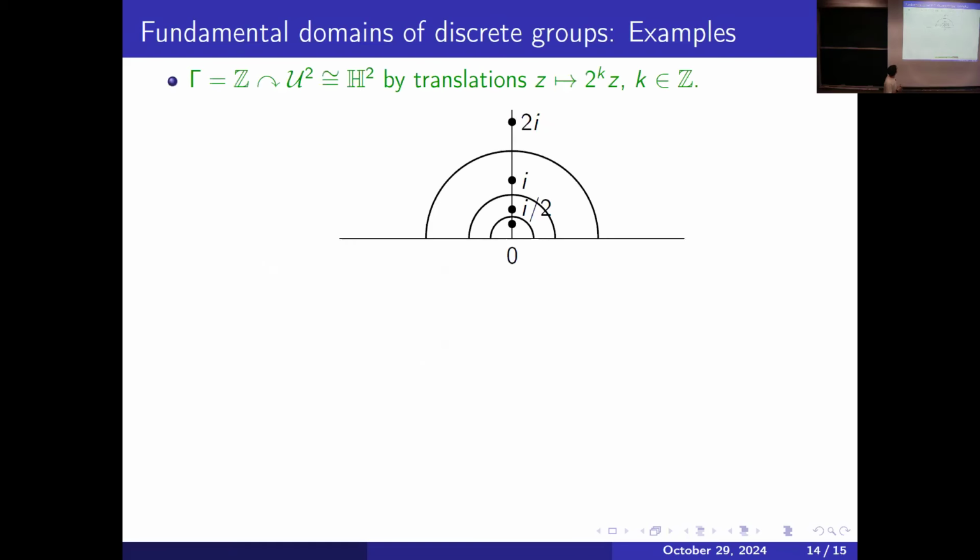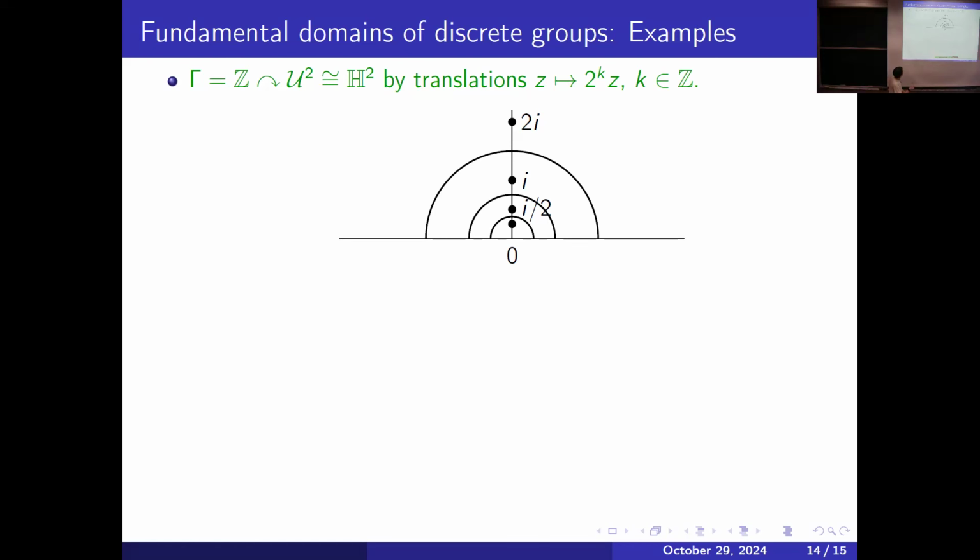Another example is the action by Z, which we already considered, generated by hyperbolic translations in the upper half plane. In this case, this is my orbit, and the fundamental domain for this action is just the strip between two geodesics orthogonal to the axis of my translation.